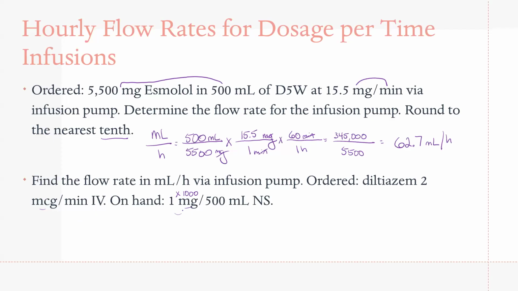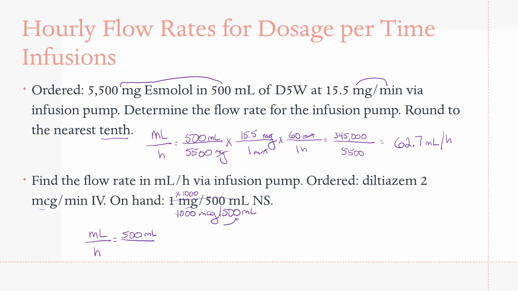So 1 times 1,000 gives you 1,000 micrograms in that 500 milliliters. You can either choose to do this here or later on. It's up to you. So I'm looking for milliliter per hour. So my milliliter is this 500 milliliters.